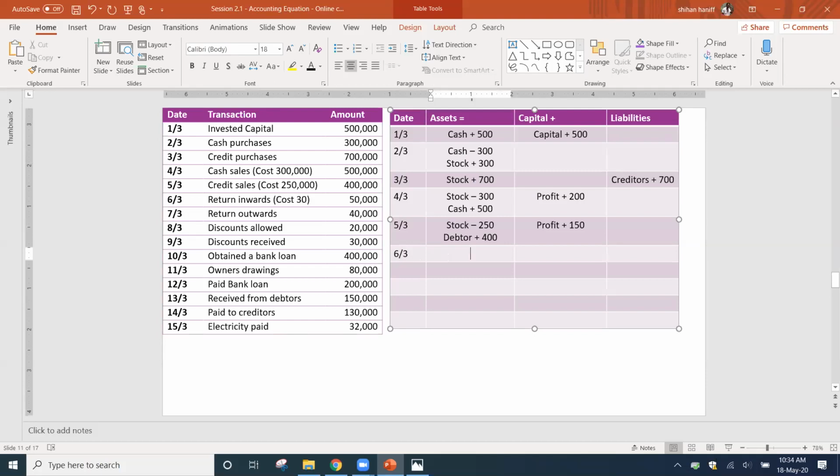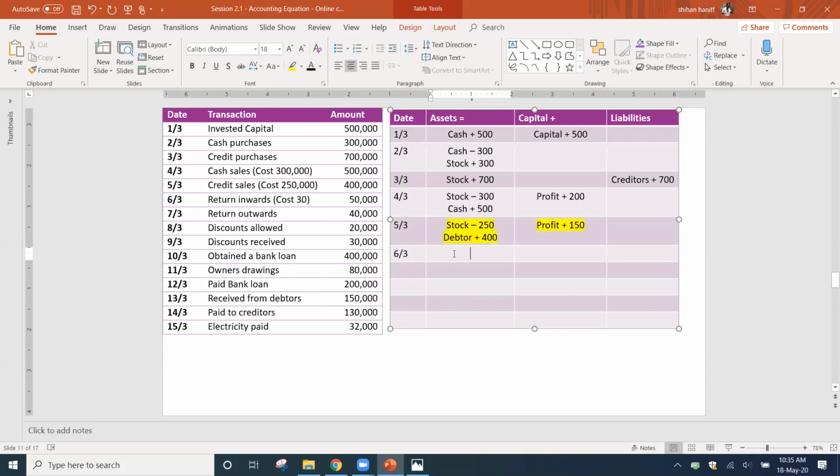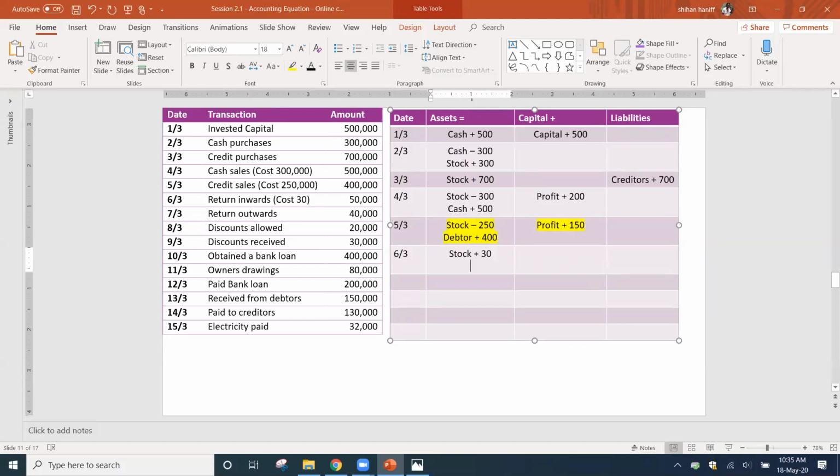Sixth March. Now, when we are doing sales, what is return inward? Return inward means customers are returning, debtors are returning goods to us. So this is the credit sales. Return inward means return of credit sales. So reversal of this, we will get stock worth of 30 and the debtor will reduce.